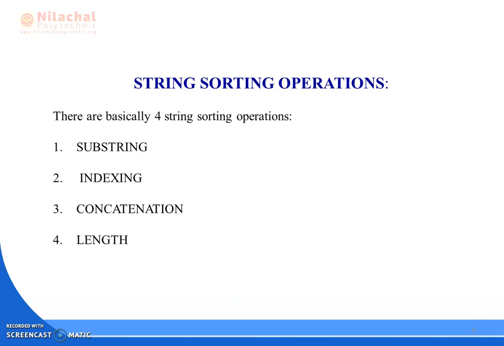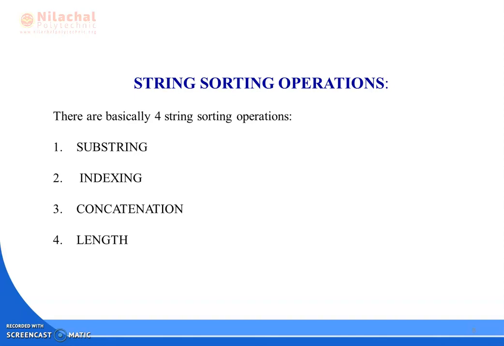We have been discussing the topic string processing. Our today's topic is string sorting operations. We have already discussed how to store a string in memory. Today we will discuss how to sort a string.